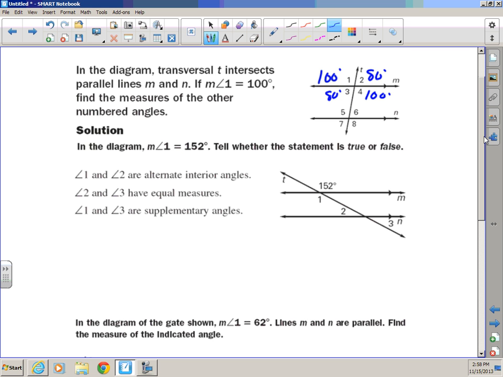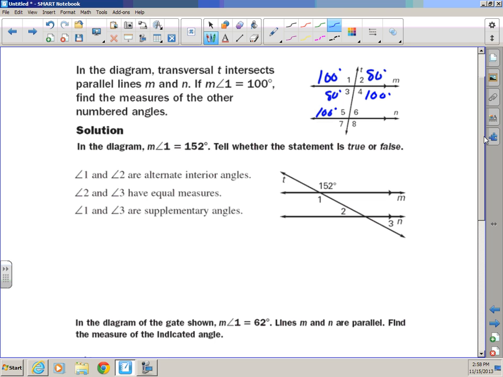What we need the special rules for are to jump from the top down to the bottom. And you can use a number of different ways to do that. Some things you see much easier than others. So for example, 3 and 5 are same side interior. That means they're supplementary. That means 5 is 100.